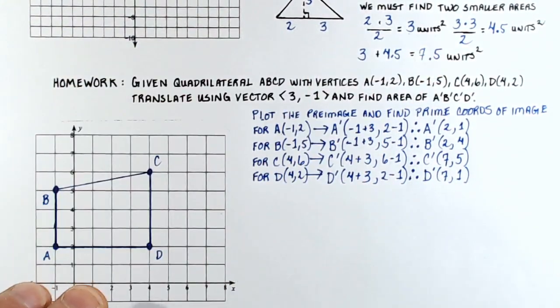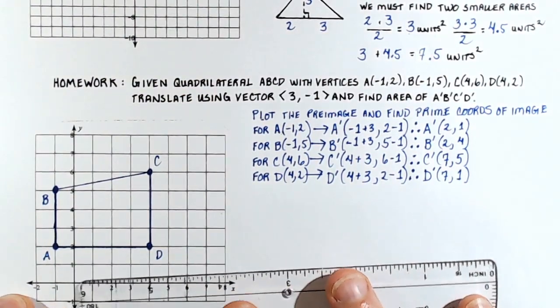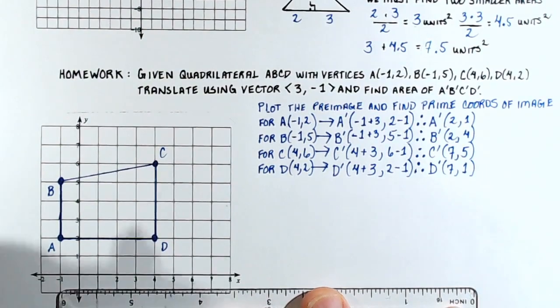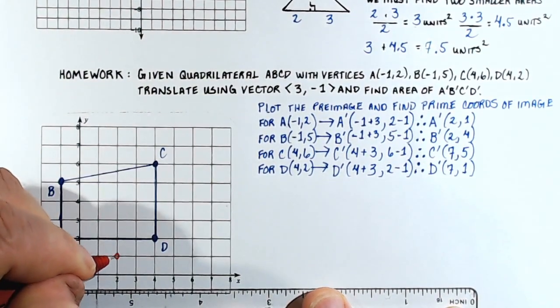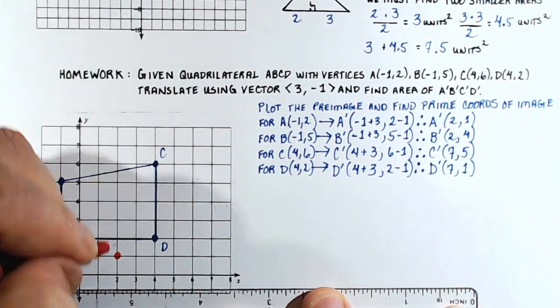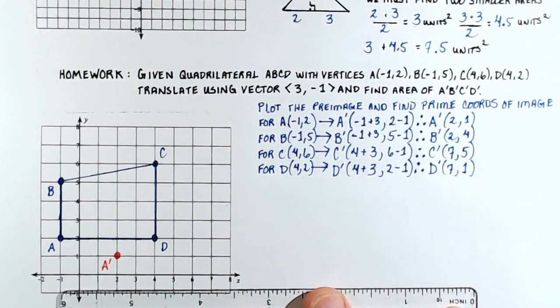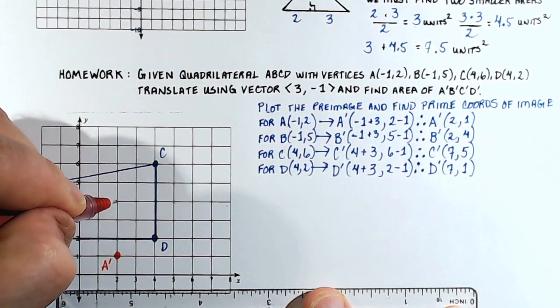Let's go ahead and plot them in red. So A prime is located at 2, comma 1. That's right here. A prime. Okay, B prime is located at 2, comma 4. That's right here.